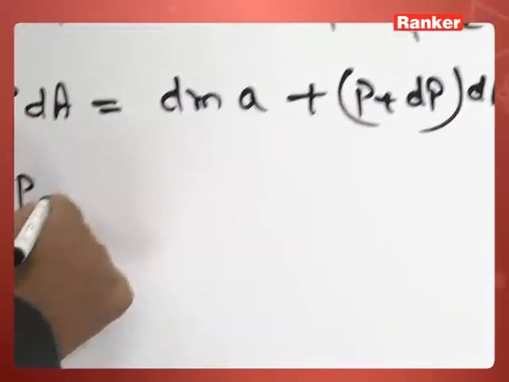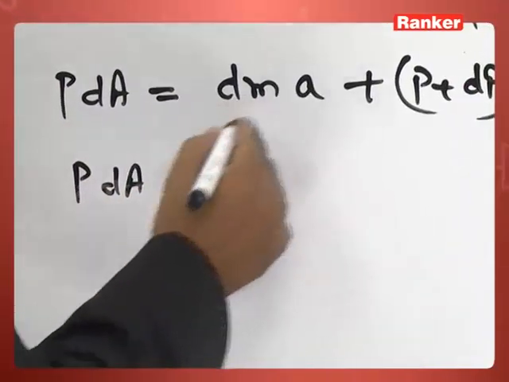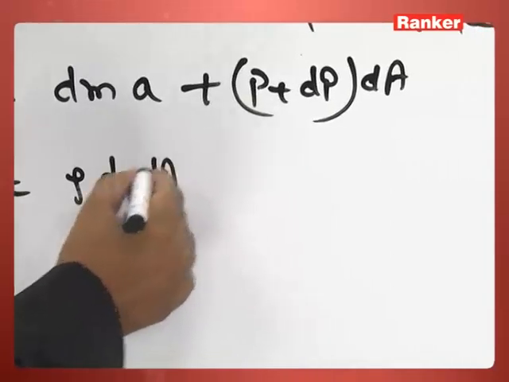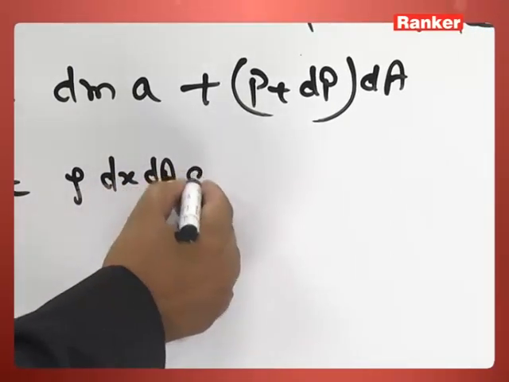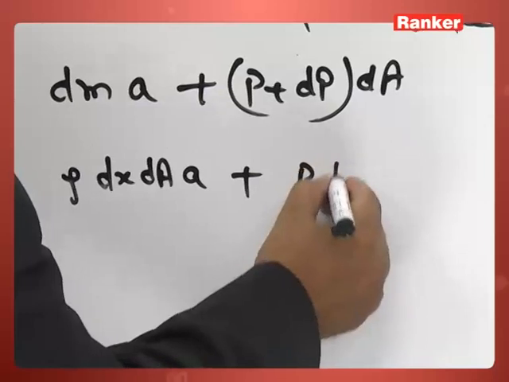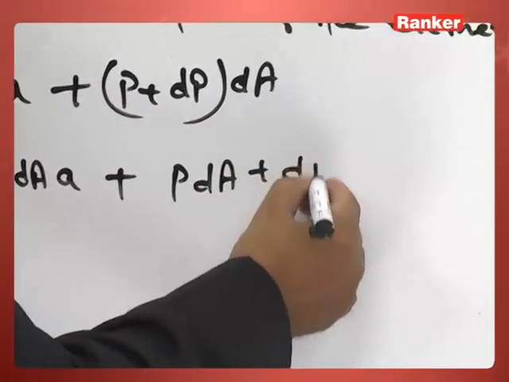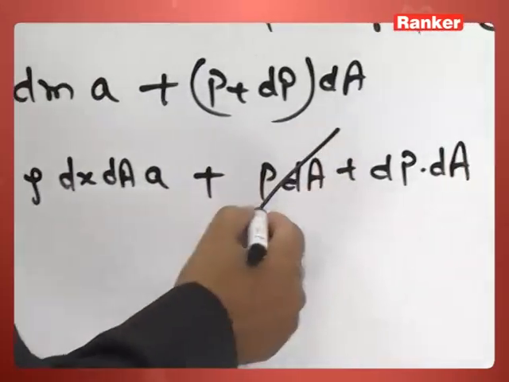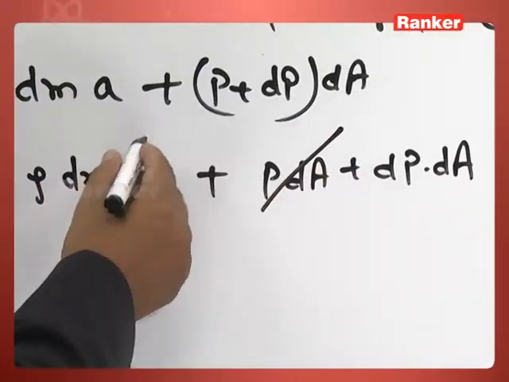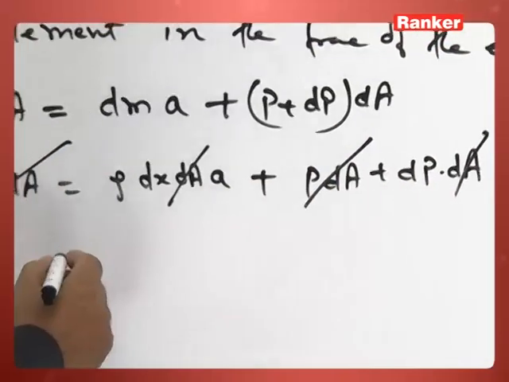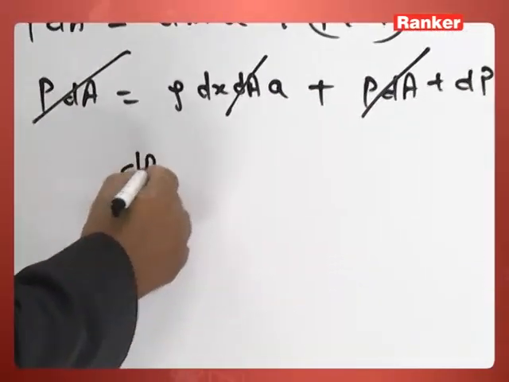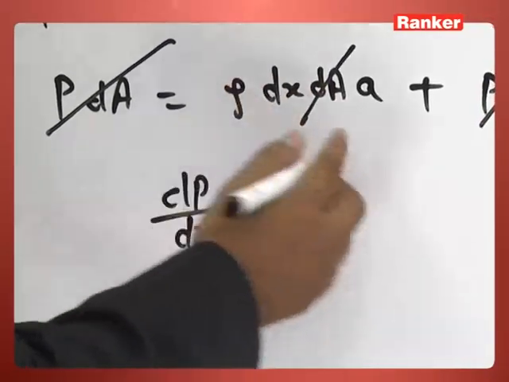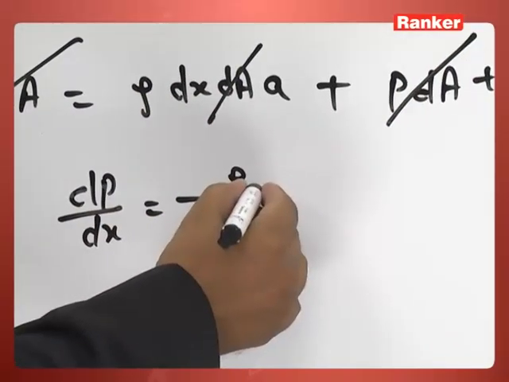So, we have PdA is equal to dm, mass is dx into d area, that is into A, plus PdA plus dP into dA. So, we have PdA, dA cancelled. Now, again dA will cancel. So, we have dP by dx is equal to minus rho A.